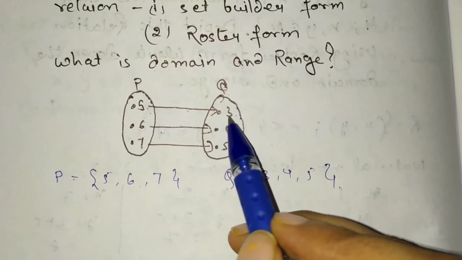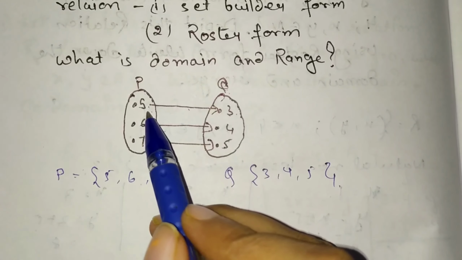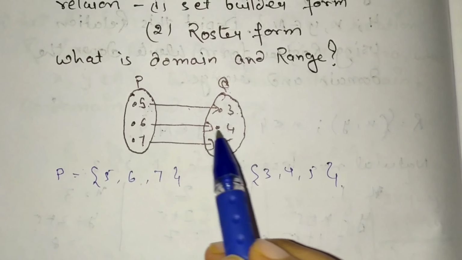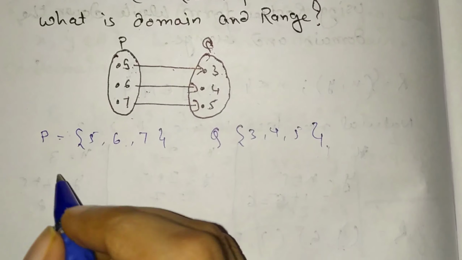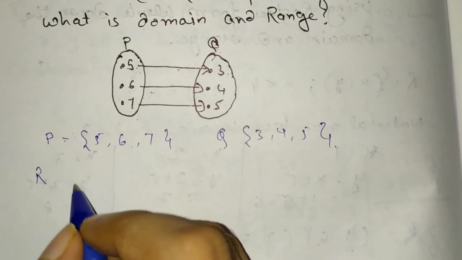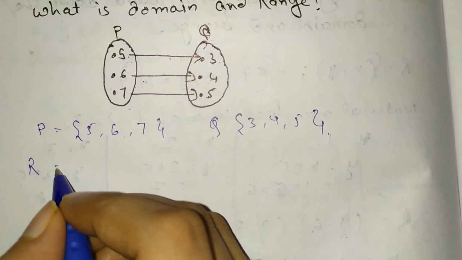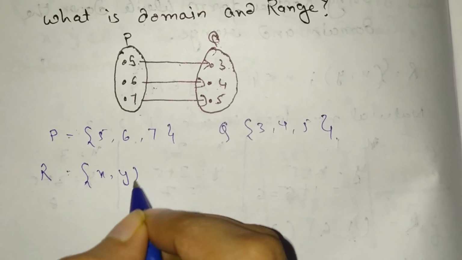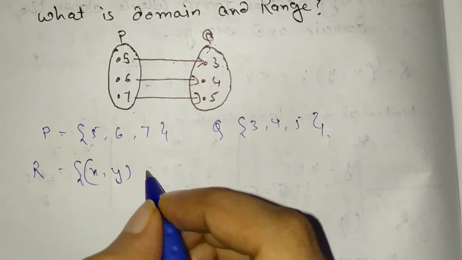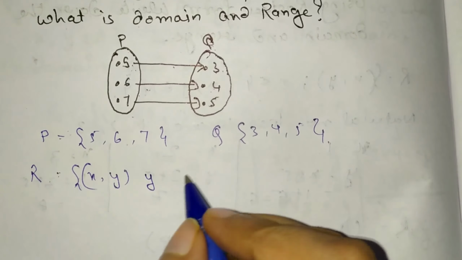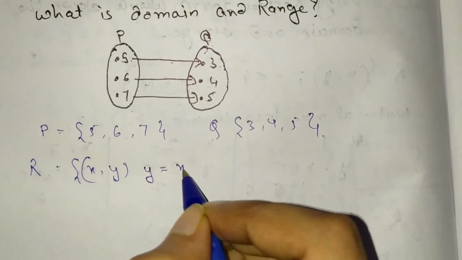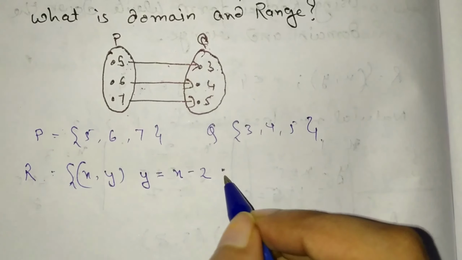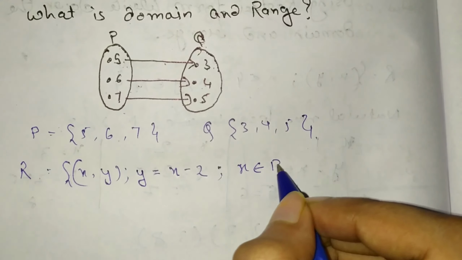Here we can see that the value of Q is 2 less than the value of P in every case. So in this case our relation R will be, we have two values x and y where the value of y is equal to x minus 2 and x must belong to set P.